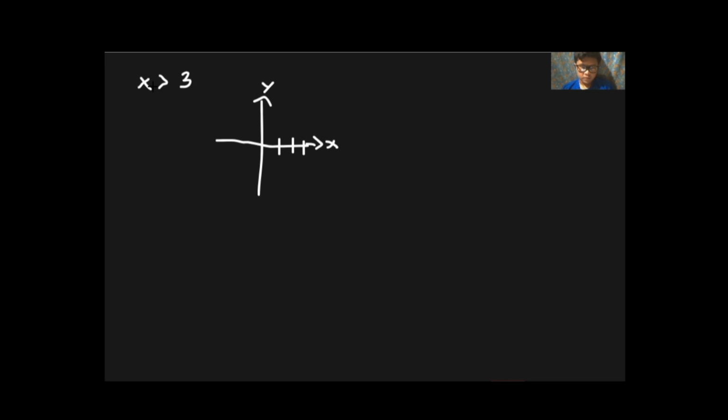But the problem is x is greater than 3. So our 3 will be here. The line we're going to use will be the dashed line because it's greater than.